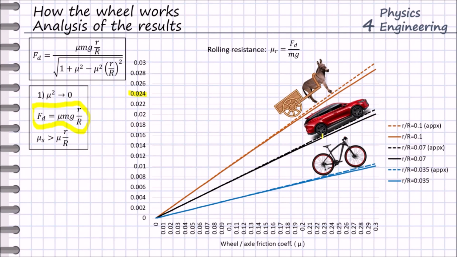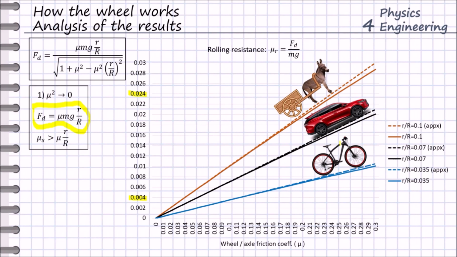For the car wheel, the rolling resistance will be lower, of course, because the ratio is already smaller, and also the friction coefficient between the shaft and the wheel is much smaller, because there is a bearing there which has a friction of, let's say, 0.03 or 0.02. Therefore our rolling resistance will be in a range between 3 and 4 thousandths, I would say.